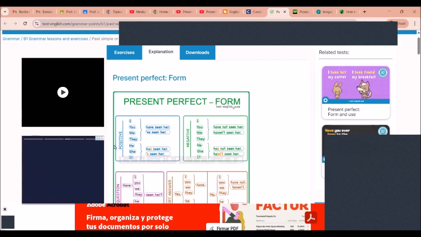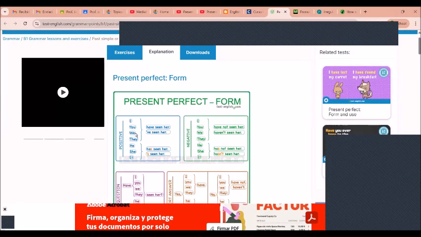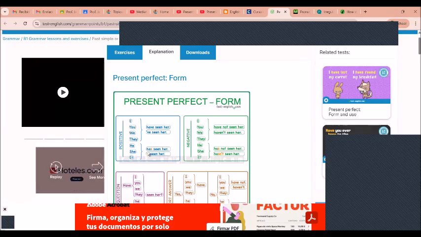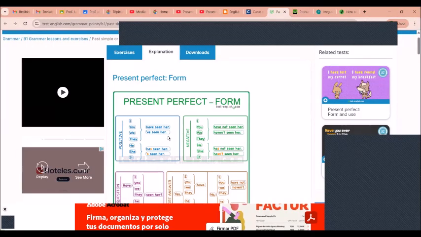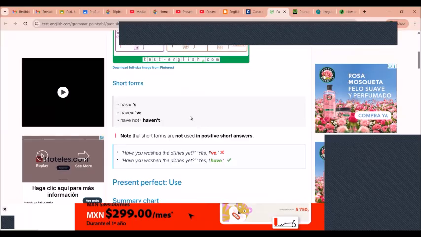So in the affirmative form, remember your subject line, have will go with I, you, we, and they, while he, she, and it will use the S ending has. And then we'll add our participle form, whether it's regular or irregular of our verbs.